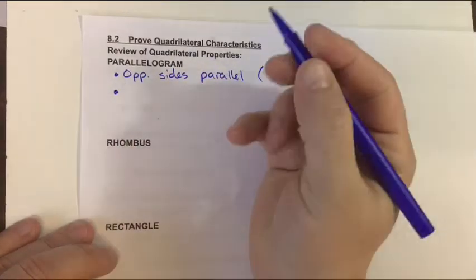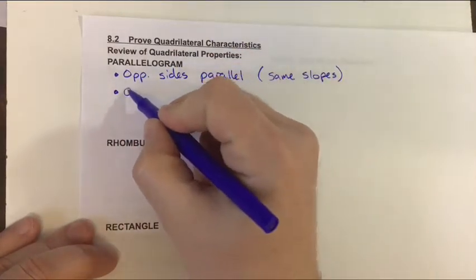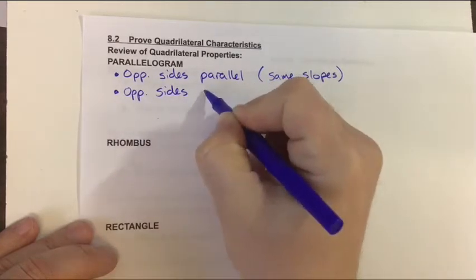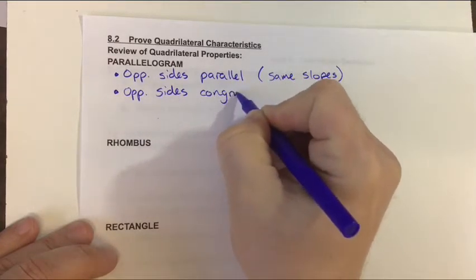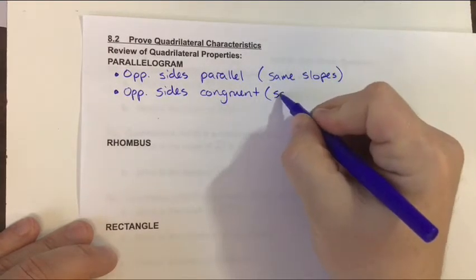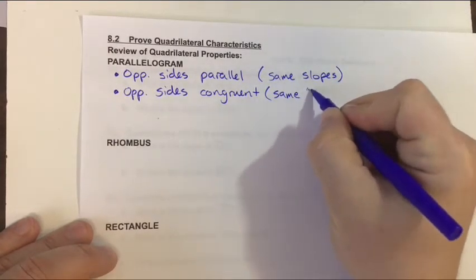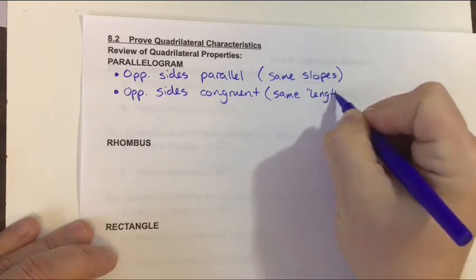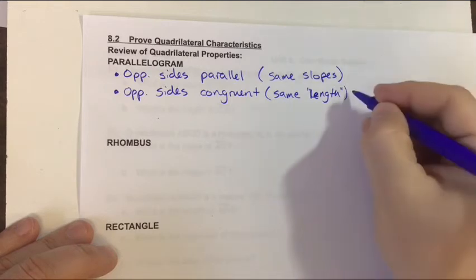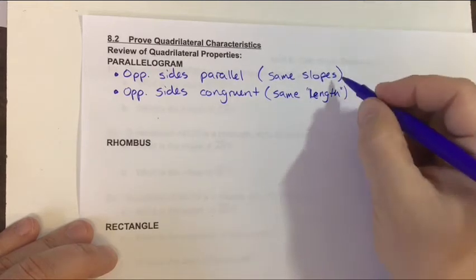Number two, opposite sides are congruent. Which means they have the same length. This is length, as in our distance formula, all right?